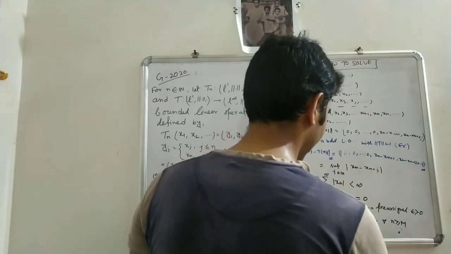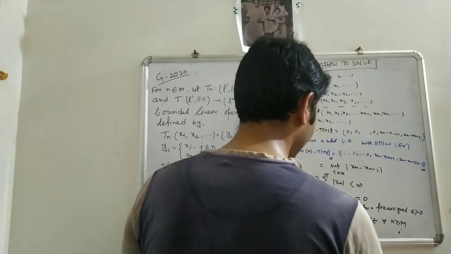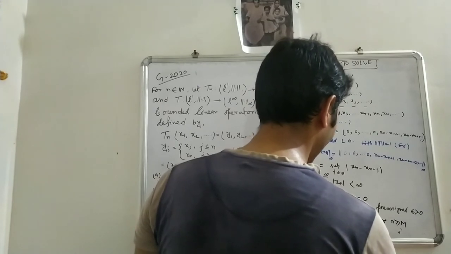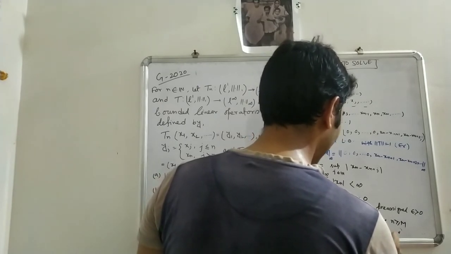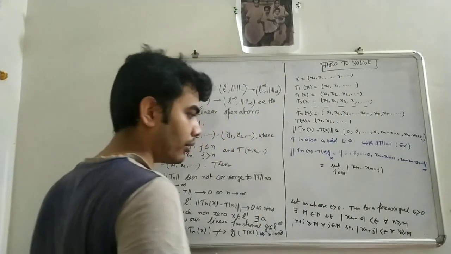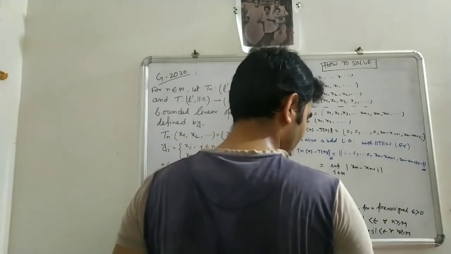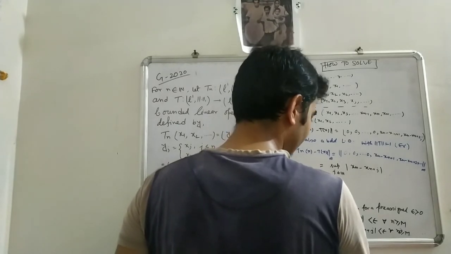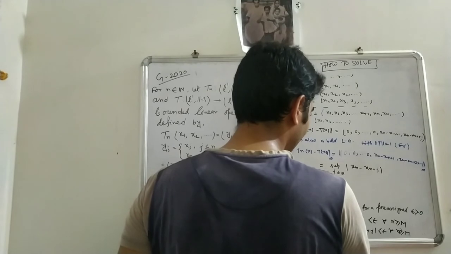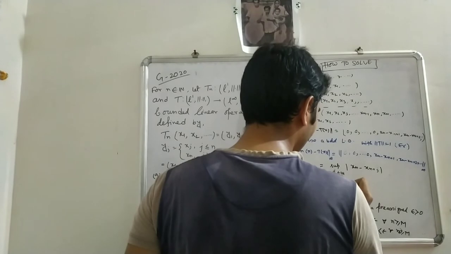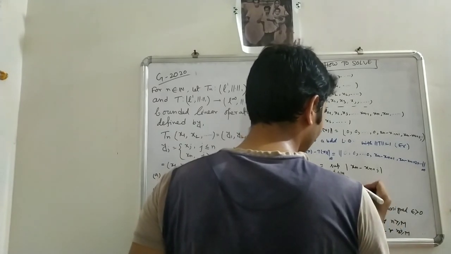So modulus of xn plus j is also less than epsilon for all n greater or equal to M. Now using these two results, we get modulus of xn minus xn plus j is less or equal to modulus of xn plus modulus of xn plus j.